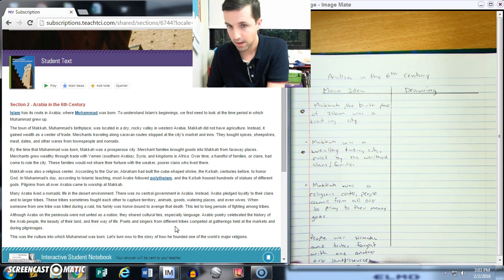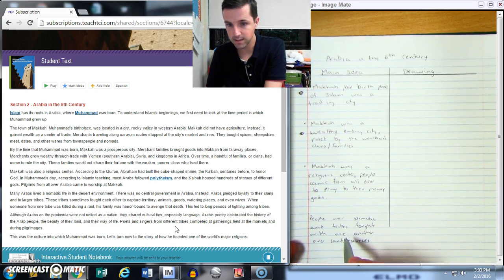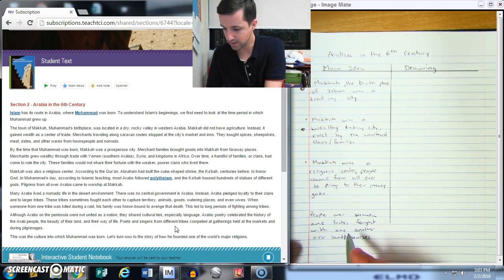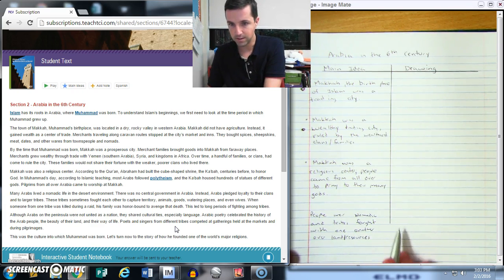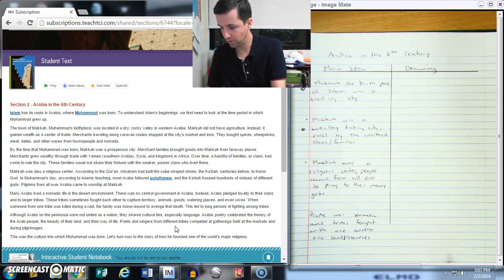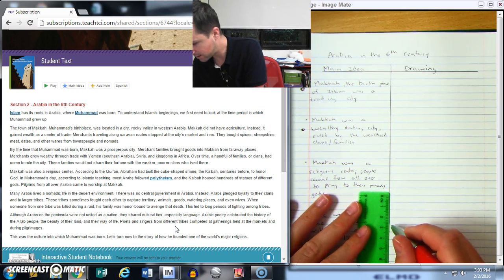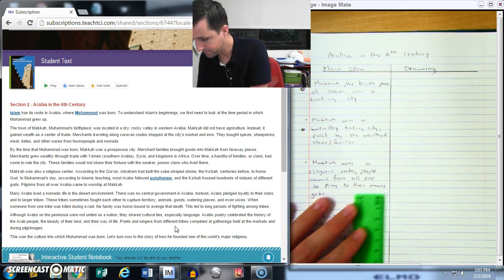Now notice here I'm using a slash mark instead of "and" because I'm taking notes and I'm going to do some shorthand. As you can see, I'm running out of space, so I'm going to go grab my ruler and extend that center line down to keep my work nice and organized.